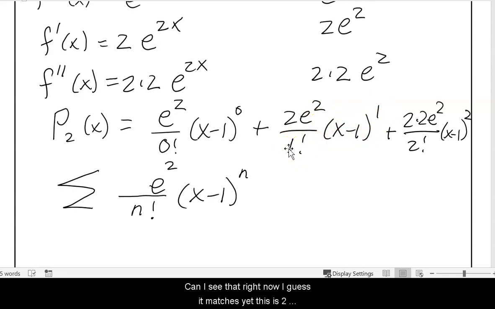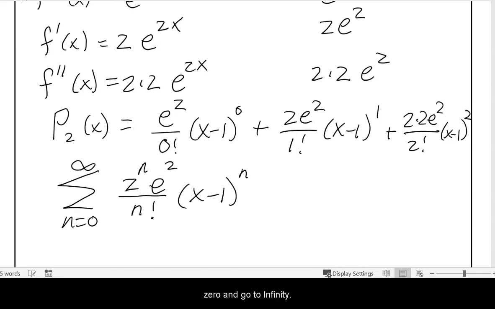Did I say that right? No, I guess it matches. Yeah, if this is 2 factorial, I have 2 2's, 1 factorial, I have 1 2, 0 factorial, I have no 2's. So I would make that 2 to the nth power. That will work because 2 to the 0th is 1. And then I can start at 0 and go to infinity.